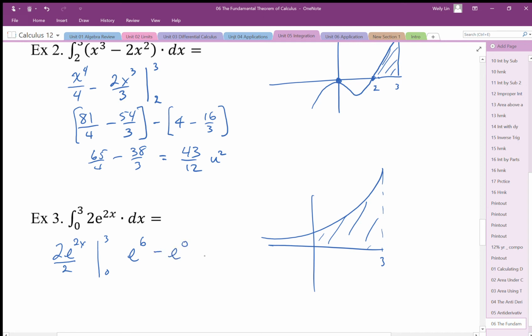As a decimal value, I think it's quite big; e to the 6 is going to be a big number. e to the 0 is 1, so we end up with 402.4 units squared of area. Okay? That y coordinate at x equals 3 is actually quite high.